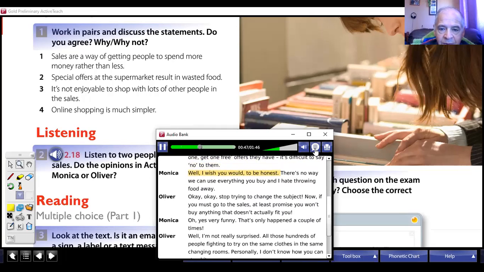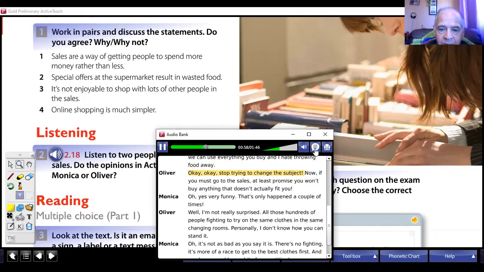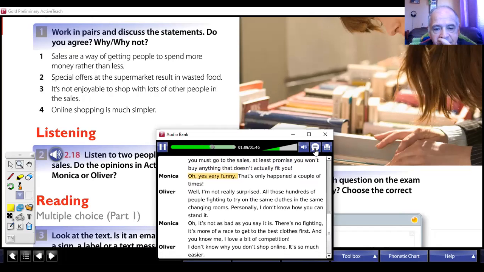Well, I wish you would, to be honest. There's no way we can use everything you buy, and I hate throwing food away. Okay. Stop trying to change the subject. Now, if you must go to the sales, at least promise you won't buy anything that doesn't actually fit you. Oh, yes, very funny. That's only happened a couple of times. Well, I'm not really surprised.